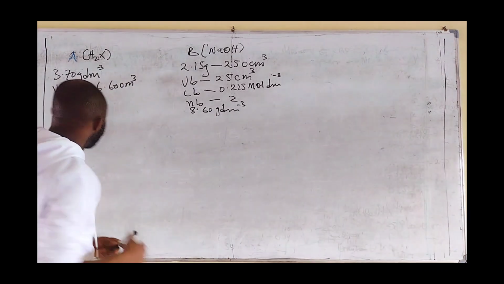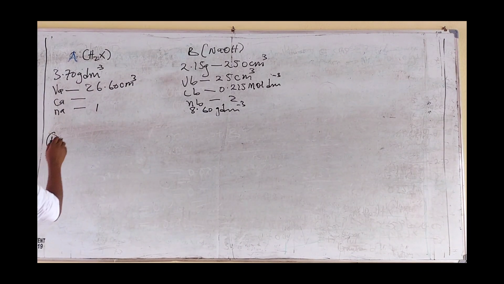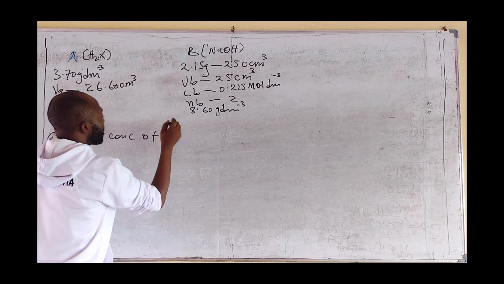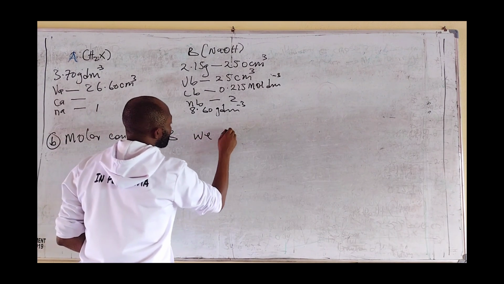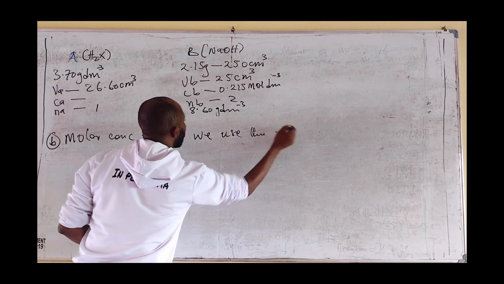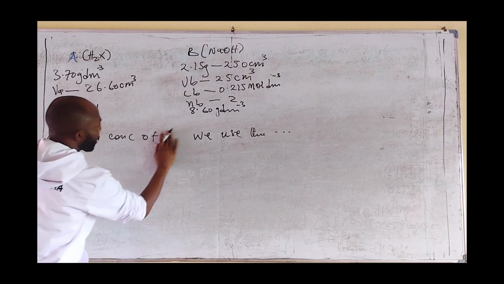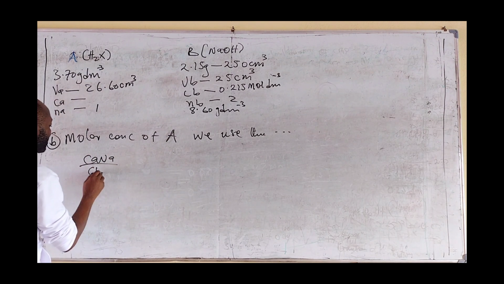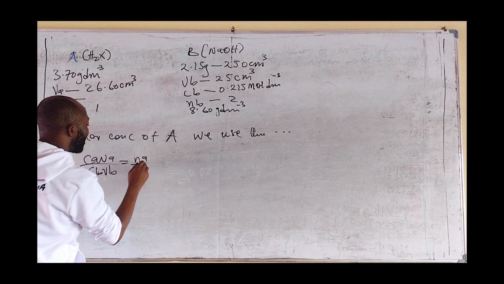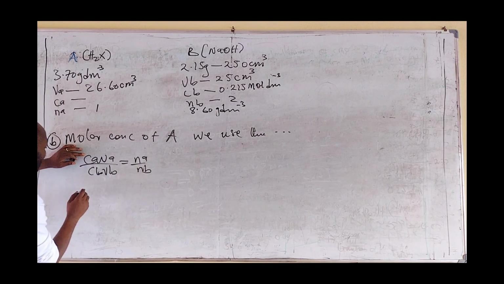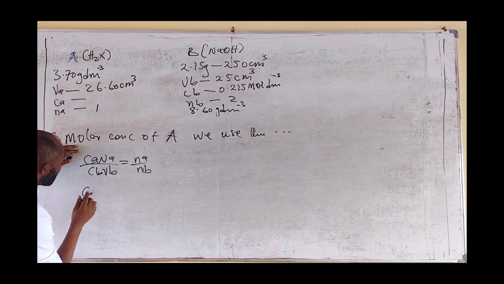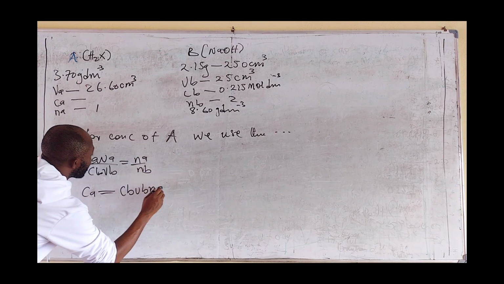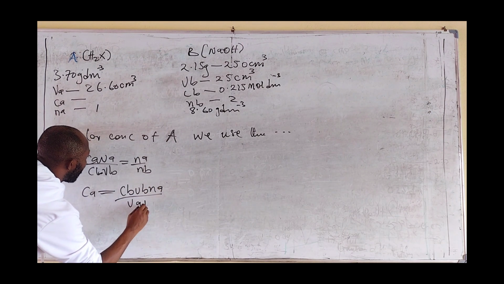So let's see. Now B, molar count of B. We use the formula, molar count of A. We use the formula CAVA over CBVB equals NA over NB. We're looking for A, so CA is equal to CBVBNA over VANB.